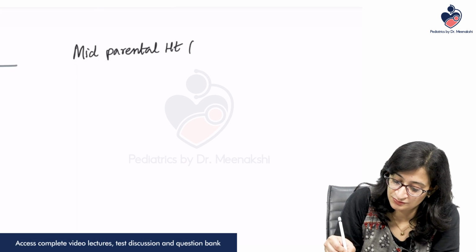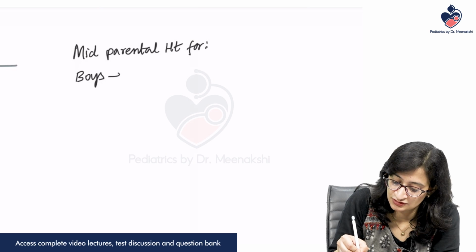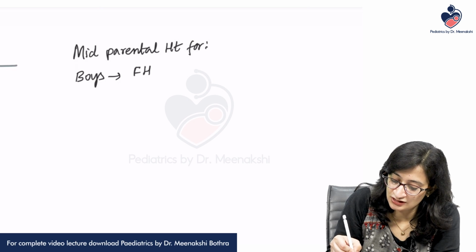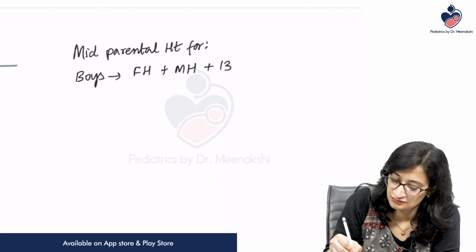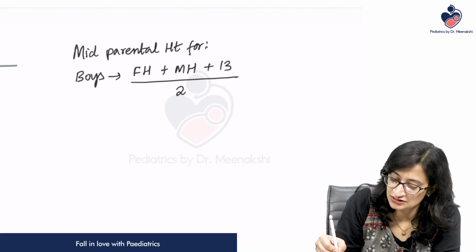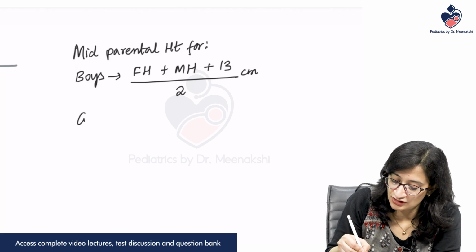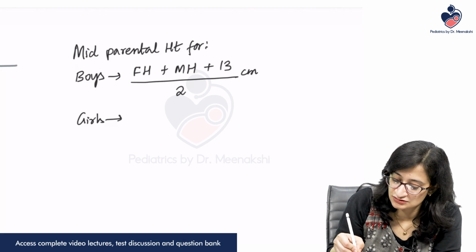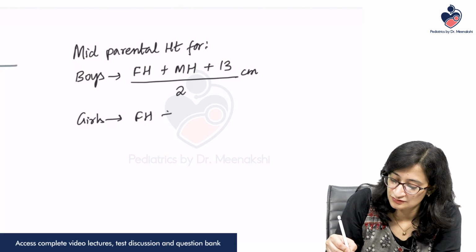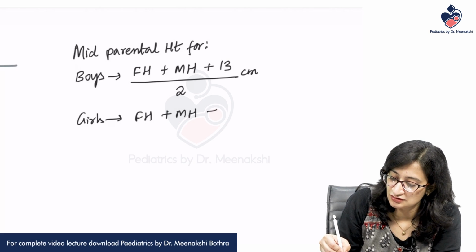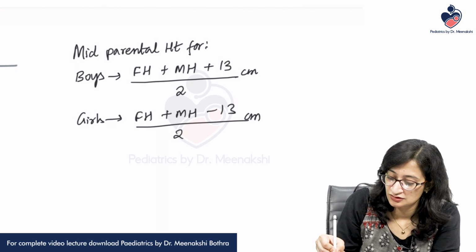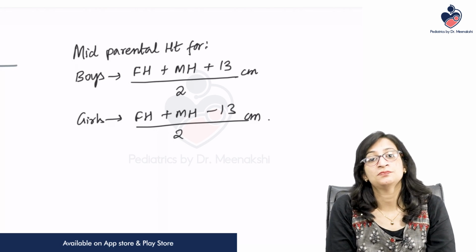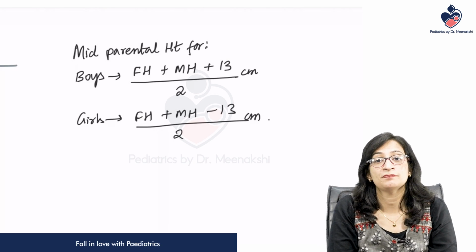Okay. So, mid-parental height for boys is father's height plus mother's height plus 13 by 2 centimeters. While for girls, it is father's height plus mother's height minus 13 by 2. So that is how you calculate the mid-parental height based on the height of the parents.